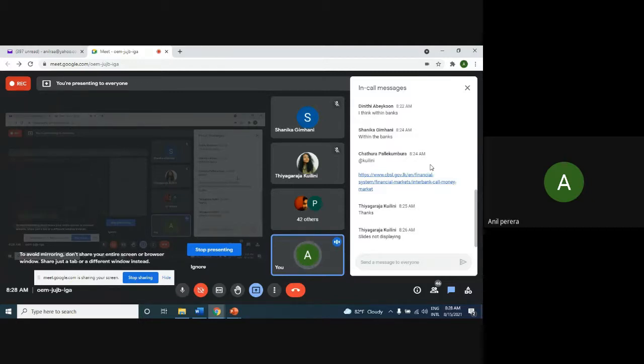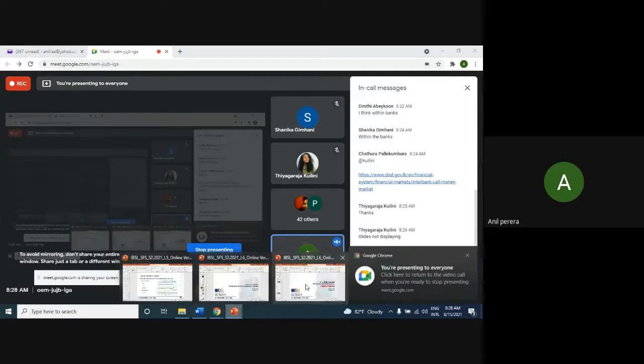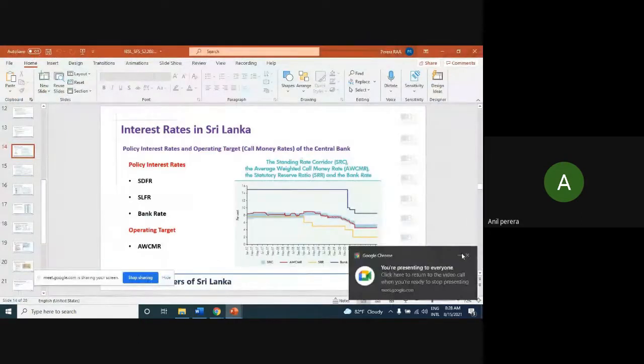You only give a telephone call to your counterpart and you borrow or lend money. So based on the lending and borrowing interest rates, we calculate an average. That average is the average weighted call money rate. Now this rate is important for the central bank.